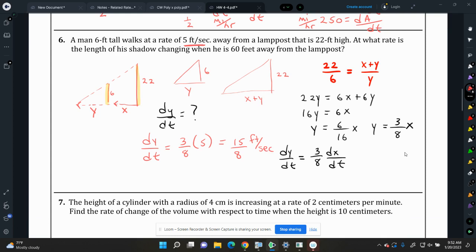Why is it there if we didn't use it? What shadow? No, the man's shadow. But he's behind me. So his shadow, as he's walking away from the lamppost, right? As he's walking away from the lamppost, his shadow is increasing at a rate of 15 over 8 feet per second.